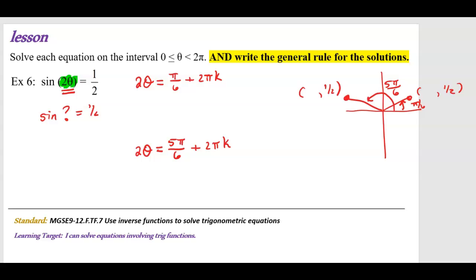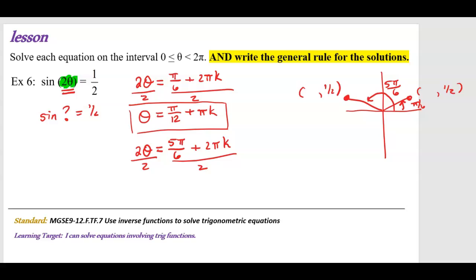The goal is what values for theta will make this equation true. Okay, so I'm going to divide both sides of both general rules in this case by 2. So of course that gives me theta. Pi over 6 divided by 2 is pi over 12. 2 pi k divided by 2 is pi k.